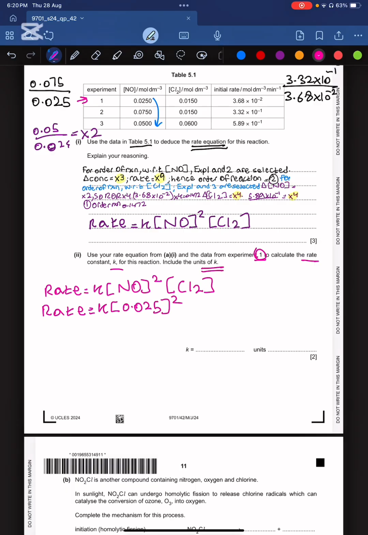Don't forget to put the squared. 0.015, and then rate would be equal to 3.68 times 10 power minus 2. So K would be equal to 3925.33.